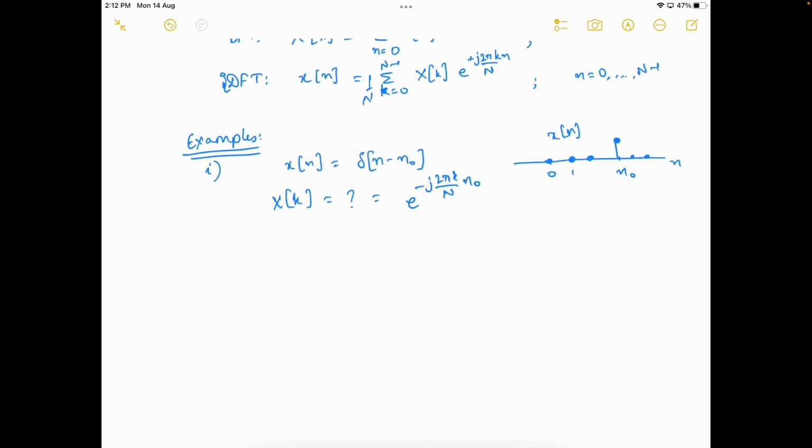Now, let's say if n naught is equal to 0, which means my impulse happens exactly at 0, what will be the Fourier transform then? 1. It is 1. So if you can correlate it with the Heisenberg's uncertainty principle in physics.